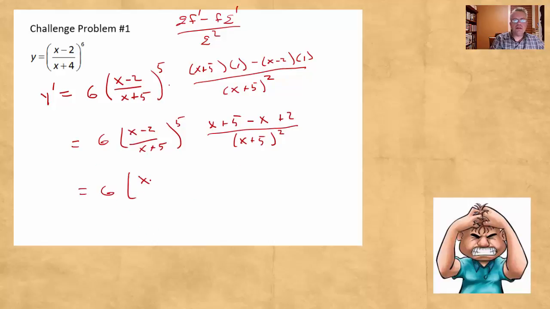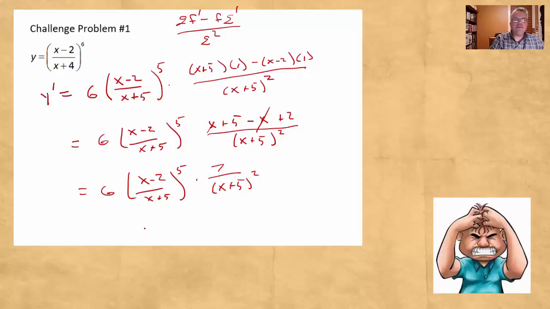So there's 6, x minus 2 over x plus 5 to the 5th. And let's see what's left here. X and minus x cancel. 5 plus 2 is 7. And we have x plus 5 squared. Okay. Now, that would be fantastic to get that far.